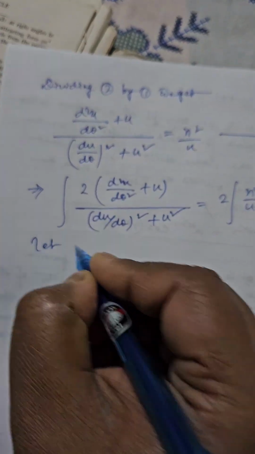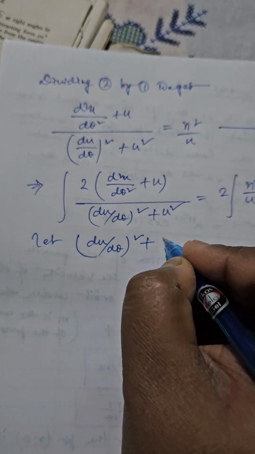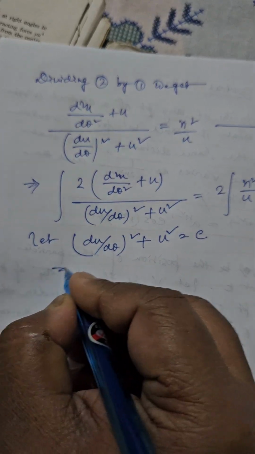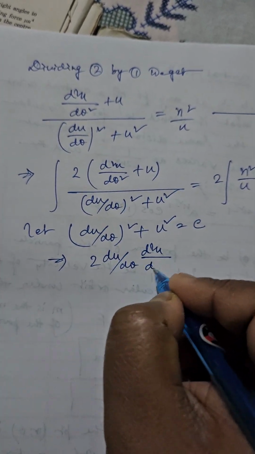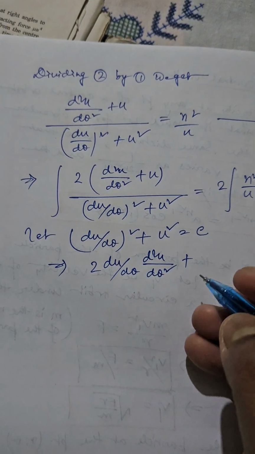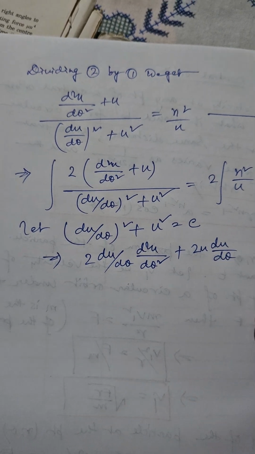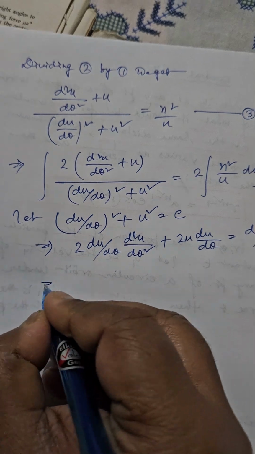Now let (du/dθ) whole square plus u square equal to some quantity c, then 2 du/dθ d²u/dθ² plus 2u du/dθ will be equivalent to dc/dθ.